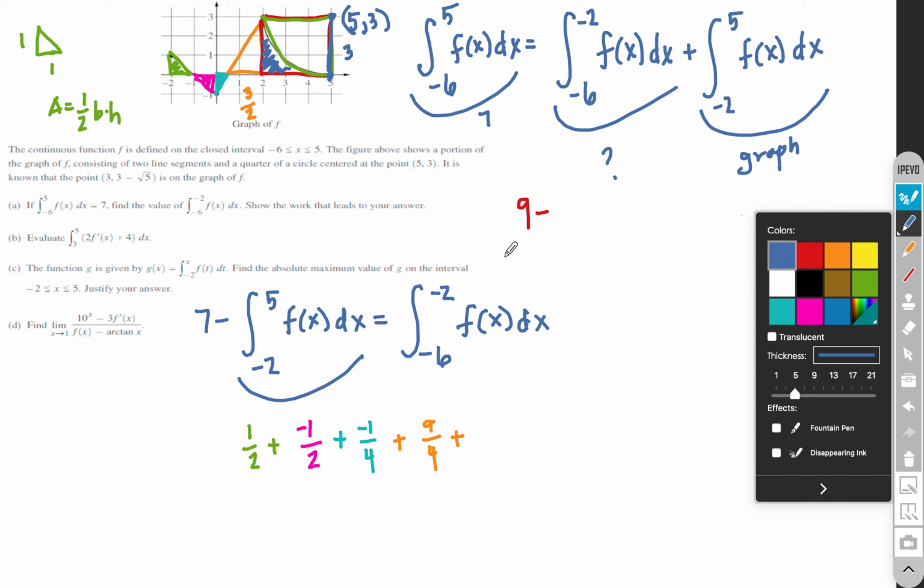So that's pretty simple. The area of a circle is pi r squared. R is 3, so the area of the entire circle is going to be 9 pi. But for that green portion, that's going to be 1/4 of a circle. So the area that we want to subtract off from 9 is going to be 1/4 of 9 pi.